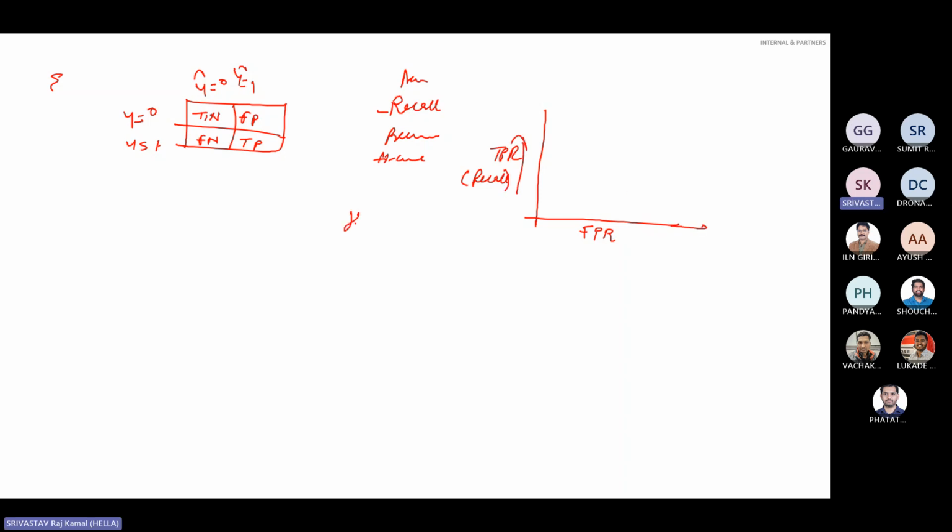Your threshold is a knob. Consider it as a knob. You change its value, you change the threshold from 0.5 to 0.6. The values of recall and precision will change, right? If you decrease it or increase it, the recall value will change.